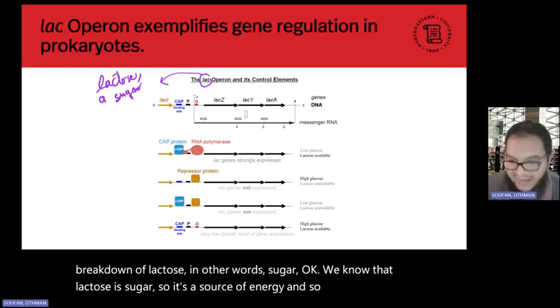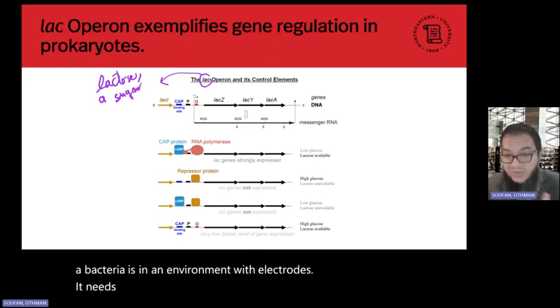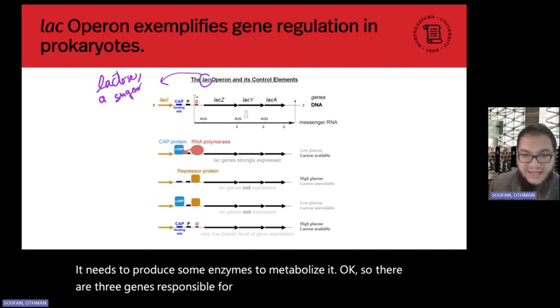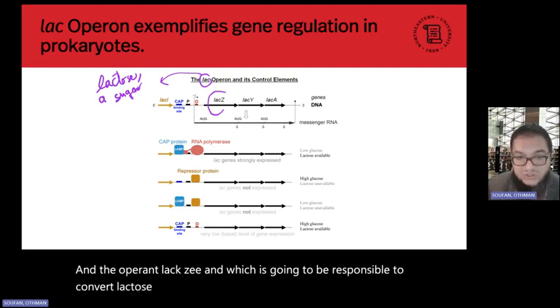When E. coli as a bacteria is in an environment with lactose, it needs to produce some enzymes to metabolize it. There are 3 genes responsible for this in the operon. LacZ is going to be responsible for converting lactose into glucose and galactose.